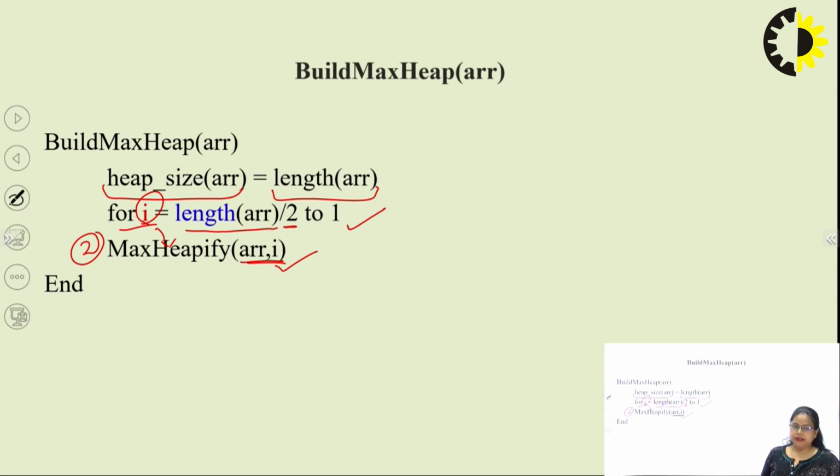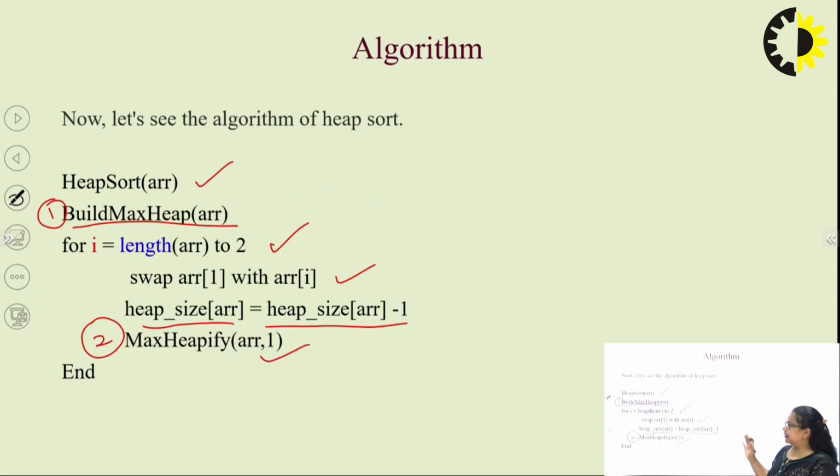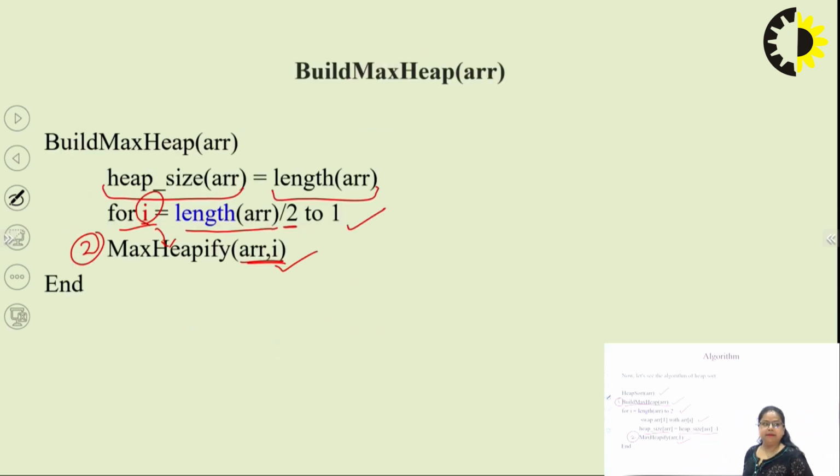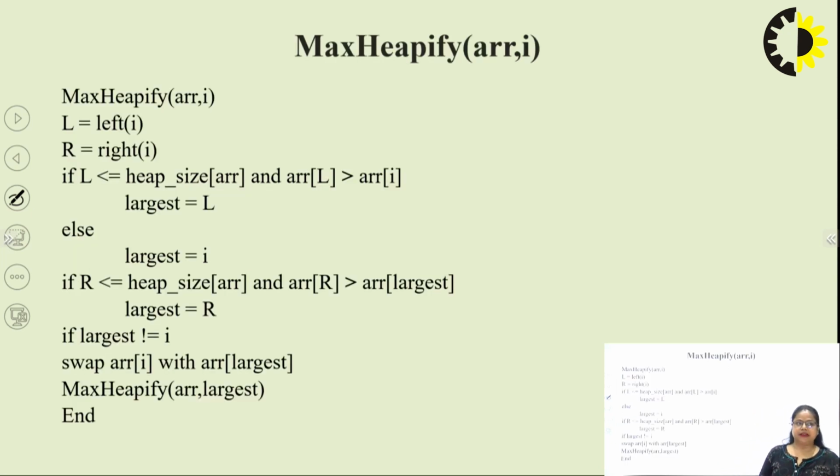Now we know this is the basic algorithm of heap sort, under which first of all we have to call build max heap. In the case of build max heap, this is the function into which we again have to call max heapify. Now we have to think about what max heapify is, right? In the case of max heapify, first of all we take an array in which the first element is i.